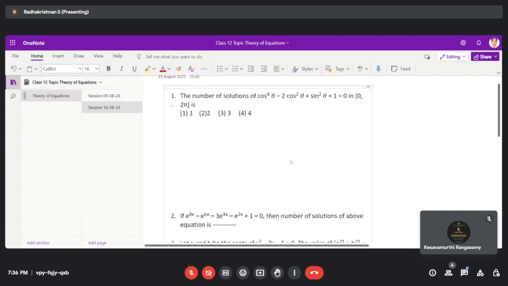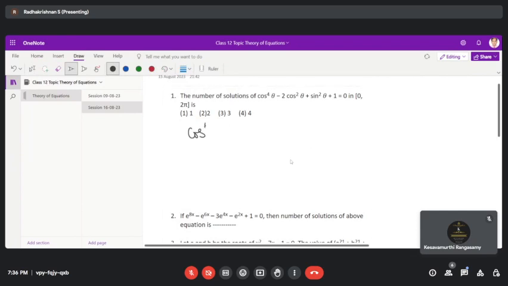Very good. So that is the way to go, because the sin square theta can also be written in terms of cos square theta. So what is sin square theta? That will be 1 minus cos square theta.